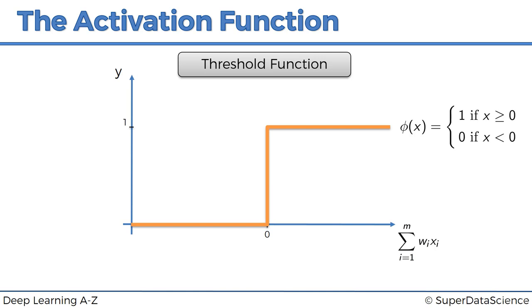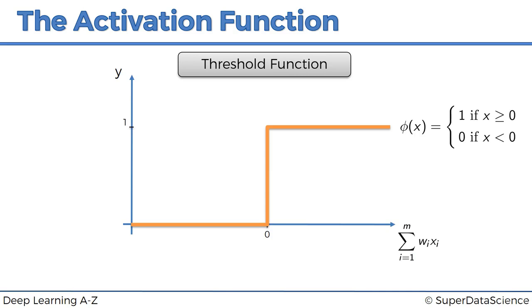If the value is more than 0 or equal to 0, then the threshold function passes on a 1. So it's basically a yes-no type of function, very straightforward, very rigid, either yes or no, no other options. So there you go, that's how it works, very simple function.